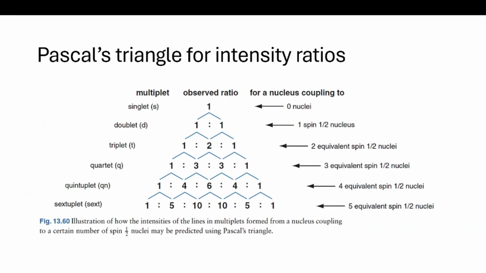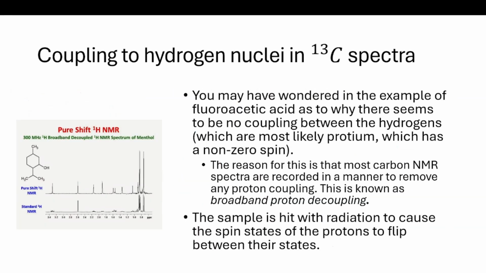However, most NMR for carbon-13 is recorded in such a way that there is no proton coupling. Proton coupling does happen, it's just that we omit it out of our data, and this is known as broadband proton decoupling. The way this works is essentially that the sample is hit with radiation that will cause the spin states of the protons to flip between their exact states.